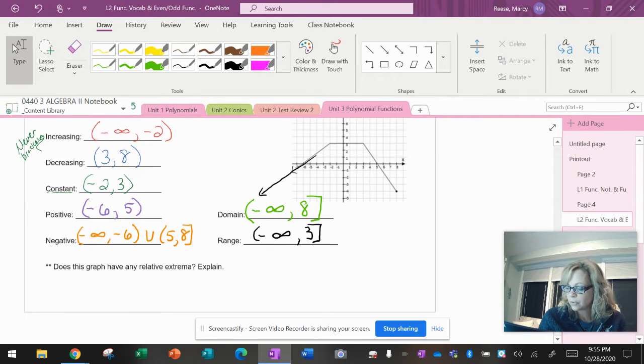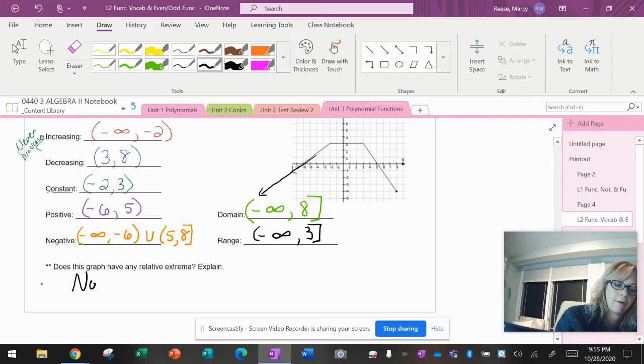So does this graph have any relative extrema? So we're going to say no. A relative extrema is anything where it changes from increasing to decreasing or decreasing to increasing. So it means it's either going to have a peak, right? Or what I call a valley.